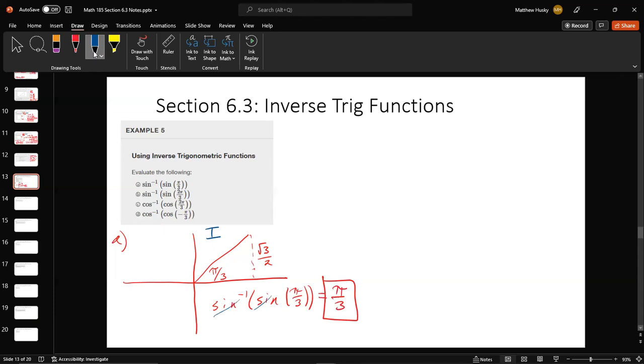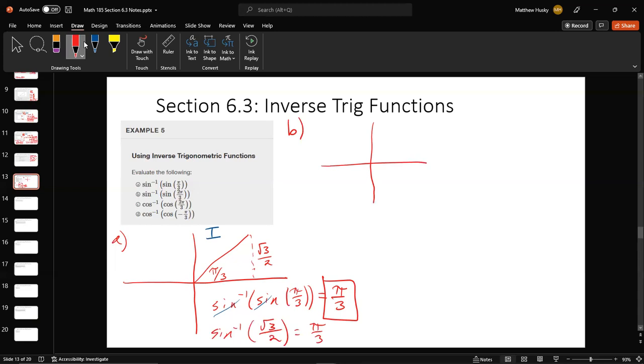Sine of pi over 3 is root 3 over 2, so if I do sine inverse of root 3 over 2, that's just going to take me back to the angle I started with, which was pi over 3. In some cases, they're going to cancel out and it'll work out nice and neat like that. But there are other situations where it's not going to work out quite so tidy. That's what we're going to see in part B.